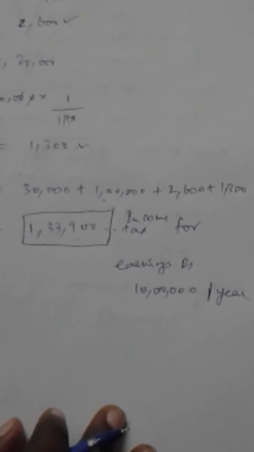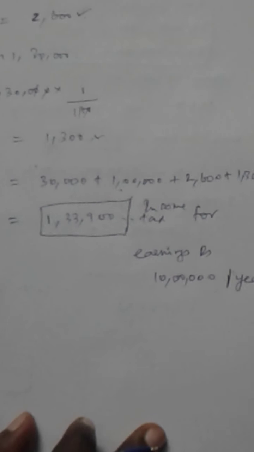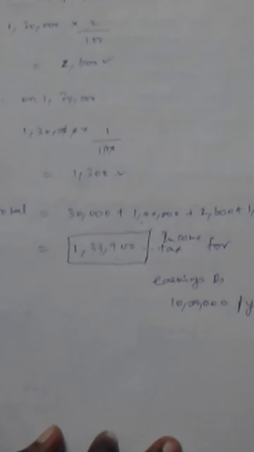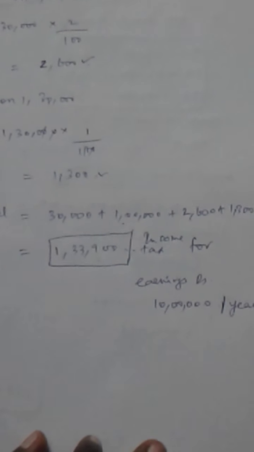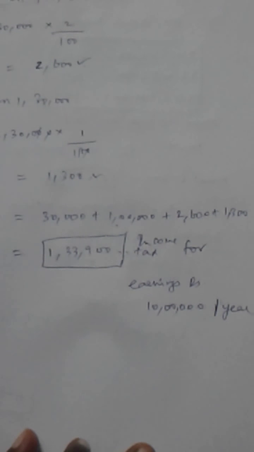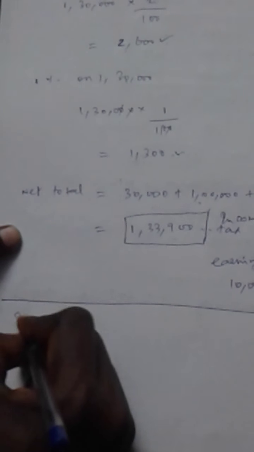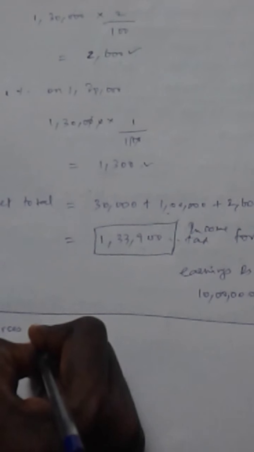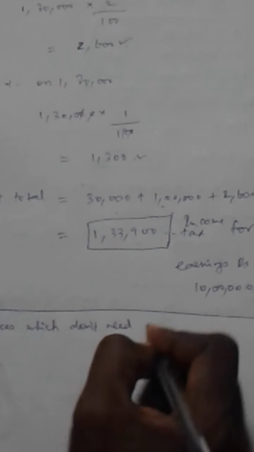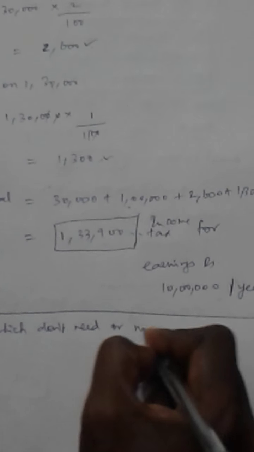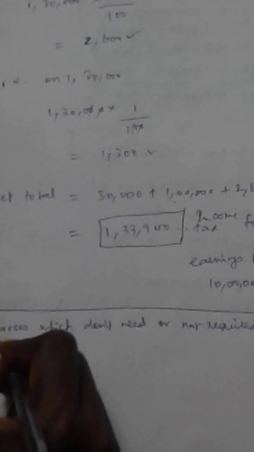And I would like to give you another tip in addition to this. There are some kinds of income which are not considered for taxes. These are sources which do not require you to pay taxes.